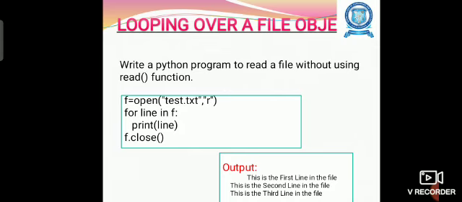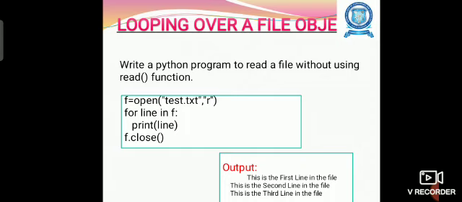Here we have to use the file object as the sequence, since the for loop is going to take the lines from the file. So the file object has to be used as the sequence in the for loop. And line means each and every line; during every iteration the individual lines will be taken by the for loop. And inside the for loop we are printing the particular line.